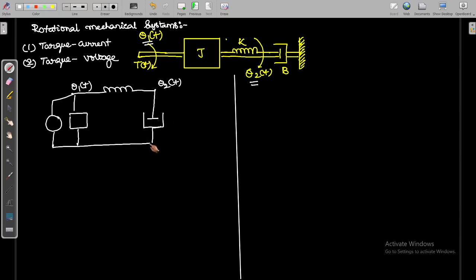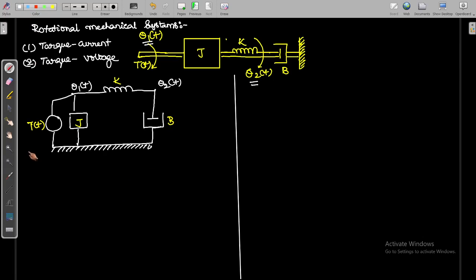This is the diagram we have connected for writing the torque balance equations. Let us represent all the terms: here T of t, the moment of inertia J, the spring constant k, and here the frictional constant b.